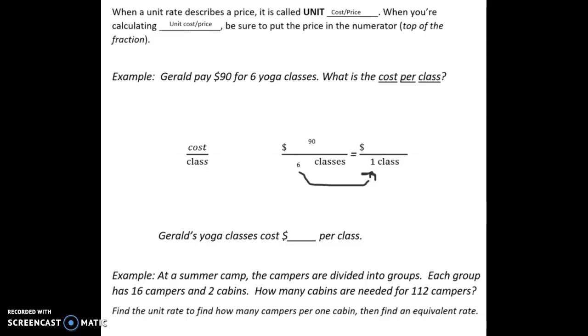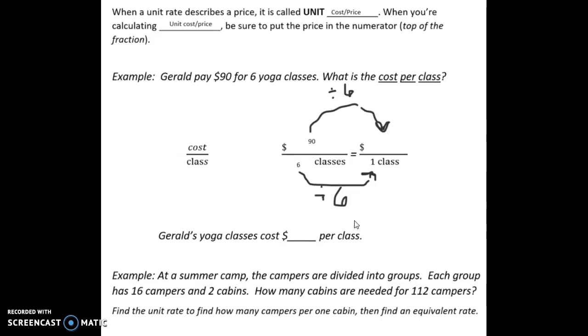And if you recall, 6 divided by 6 gives you 1. Alright, so what happens if we take 90 and divide it by 6?